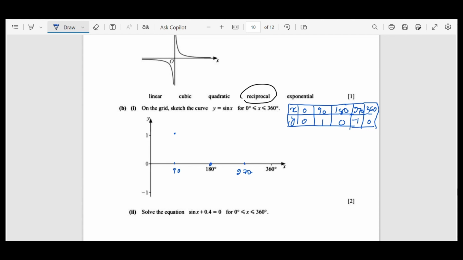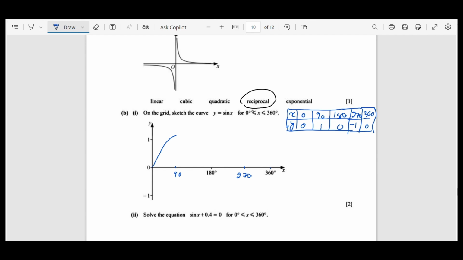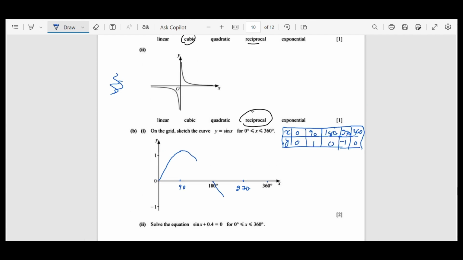Then at 270, it is minus 1. And this is 360. This is like that. Right?